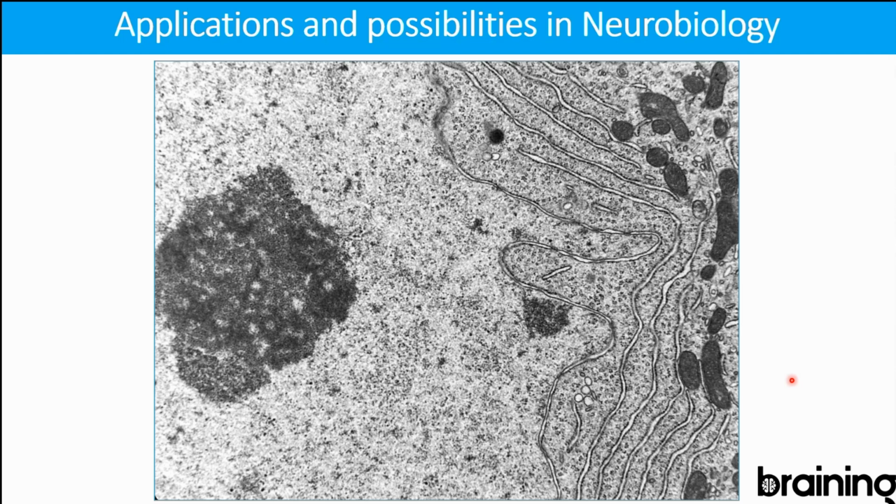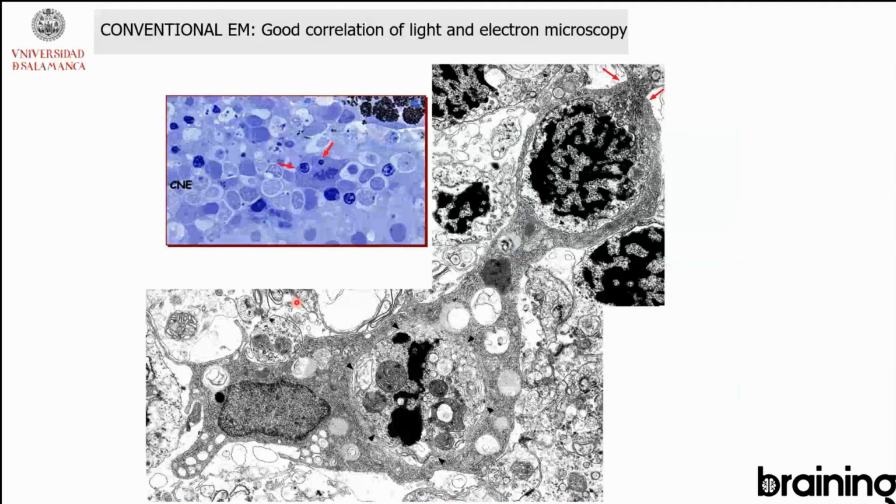Okay. So actually, this picture is of a neuron, and you can see the rough ER, mitochondria. This is a nucleolus, and so on. Okay. So some of the things that you can do is that you can have a good correlation of the samples in light microscopy and electron microscopy, because as you saw earlier, you have a block of resin, and then you get ultra-thin sections.